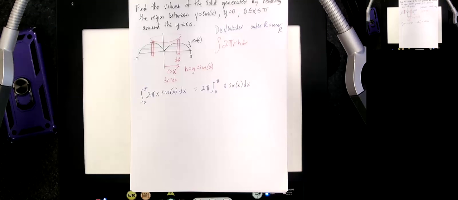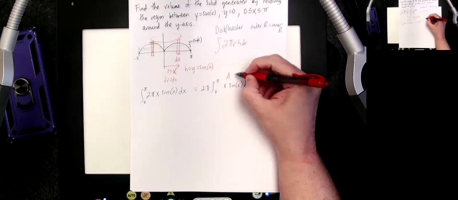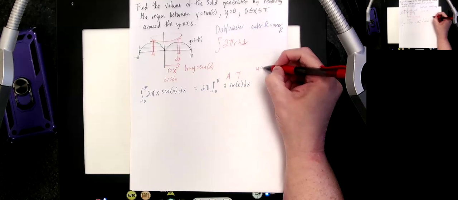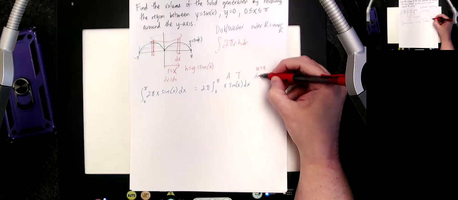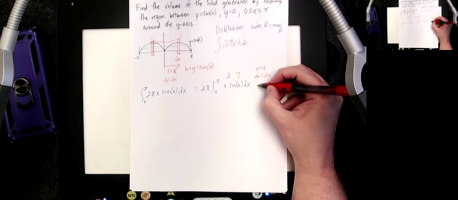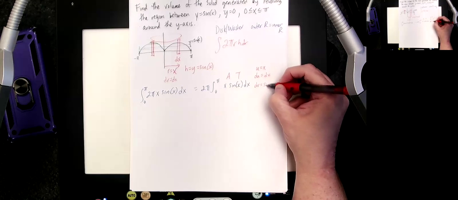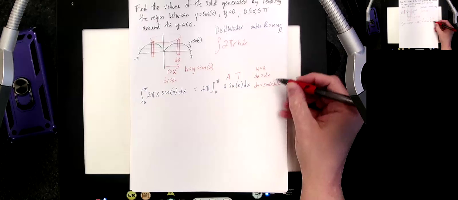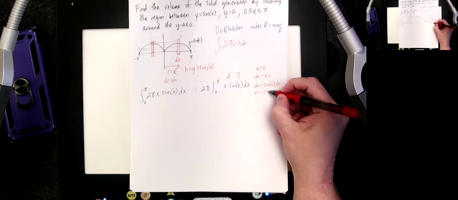So we have an algebra and a trig. So we're going to let u equal x. So du equals dx. And that means dv equals sine of x dx. So that v is negative cosine x.